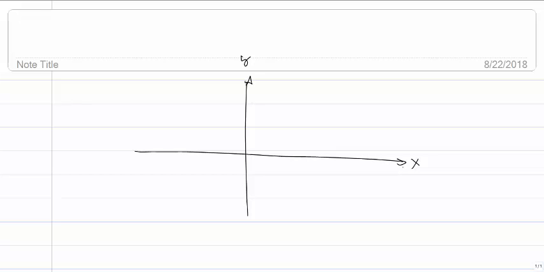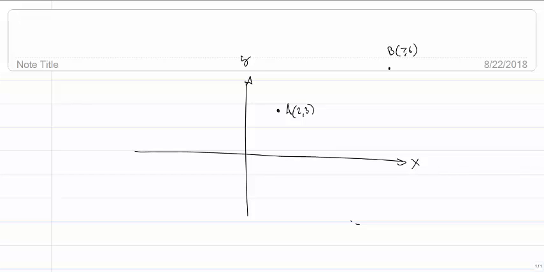Let's imagine that I want to consider 2 points. Let's say point A, coordinate of 2 and 3, so maybe somewhere over here, and another point B, with coordinate of 7 and 6. What does that mean?